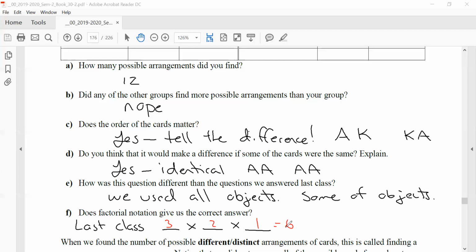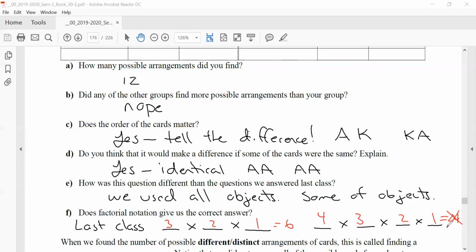But if we tried that for today's class, there were 4 cards. If we tried 4, 3, 2, 1, that's going to give us 24, which is clearly not our answer. We've only got 12 different arrangements that we can do.